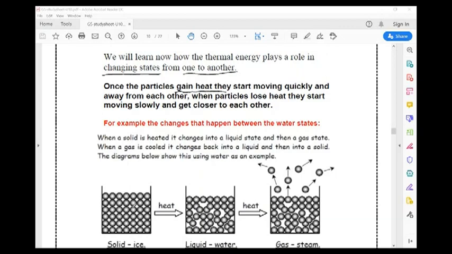When the solid particles gain heat energy, they start moving quickly, or the speed of the solid particles increases, and the distances increase, or they go away from each other. When the particles lose heat energy, they start to move slowly, and they get closer to each other.